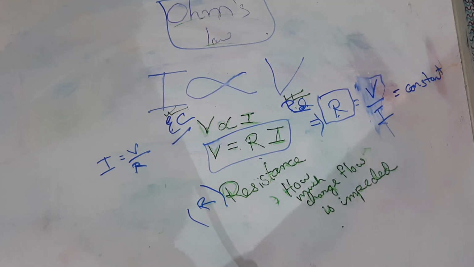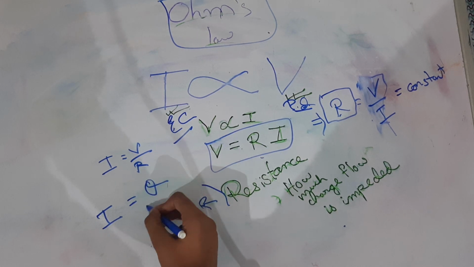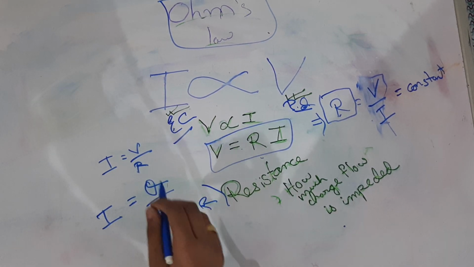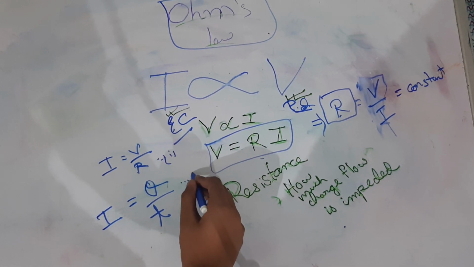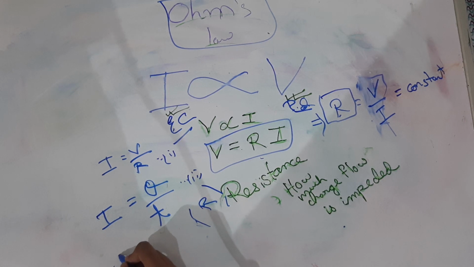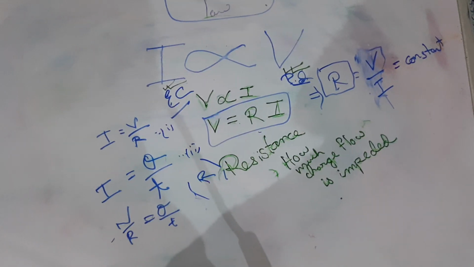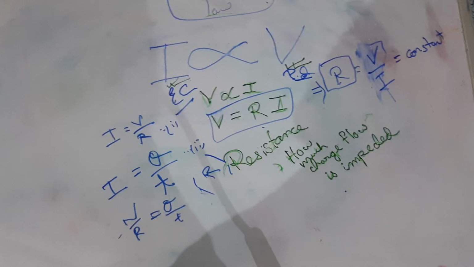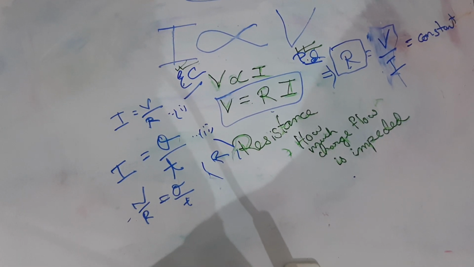I is equal to V by R, and also we know I is equal to Q by T. Let this be equation number 1 and this be equation number 2. From equations 1 and 2, we see that V by R is equal to Q by T. This is just a very simple derivation. No need to remember it, but you can take it for your example.